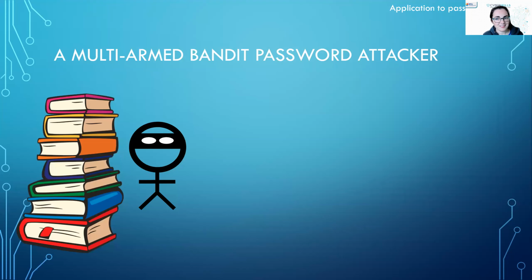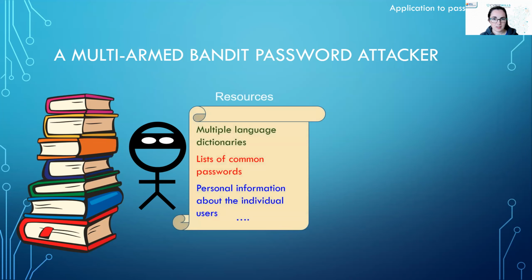Our idea is that a password attacker has lots of different dictionaries they can choose from. They might have multiple language dictionaries, lists of common passwords, and they probably have leaks from loads of different sources, prior leaks that they have hacked or were in plain text. They might even know personal information about the individual users.